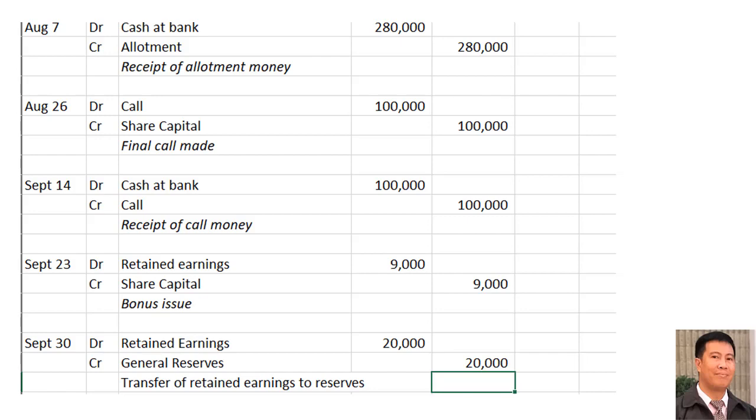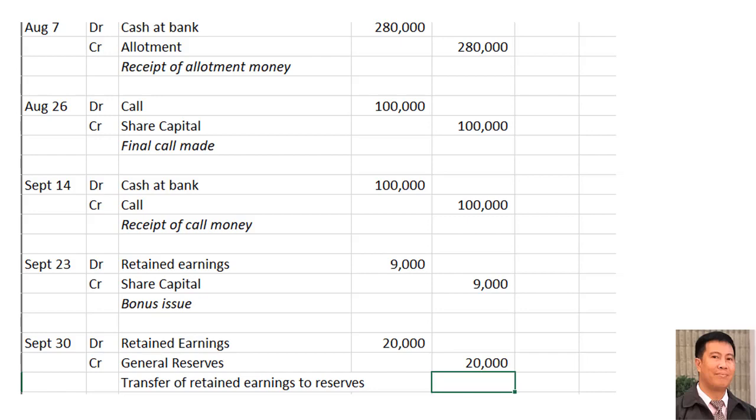So the total outstanding allotment at the end of the day on 30th July will be $580,000 only. So that is the total amount that you will collect. Okay, 580,000. So debit cash at bank, and then credit allotment, 580,000 on 7th August. Okay, so clear on this? Right? Okay.